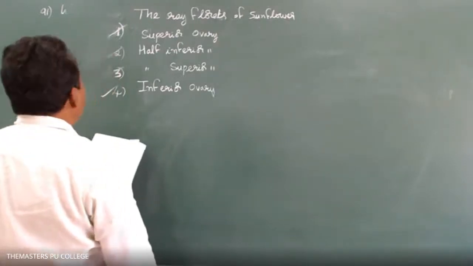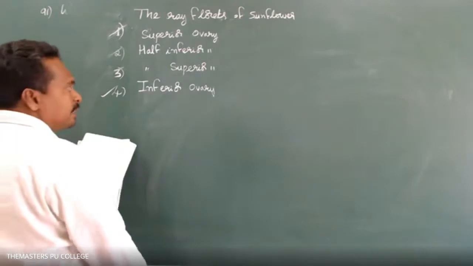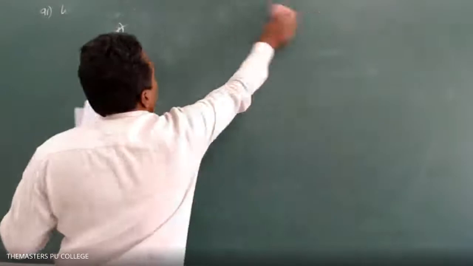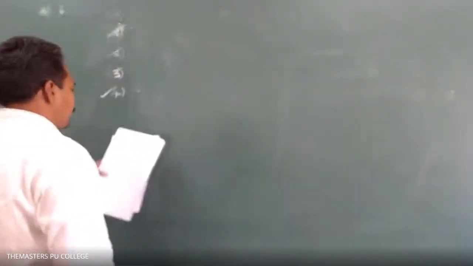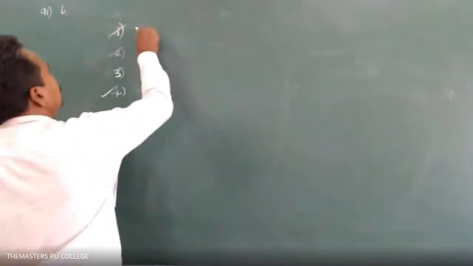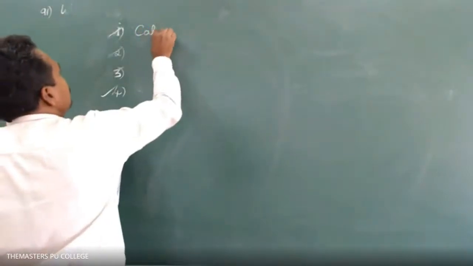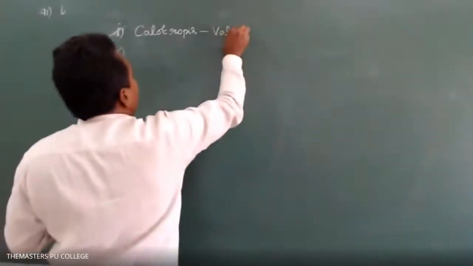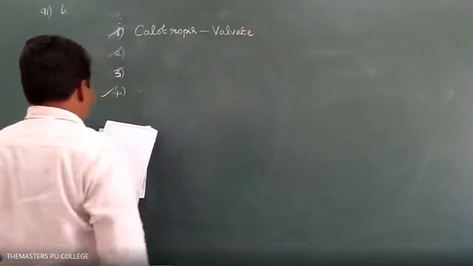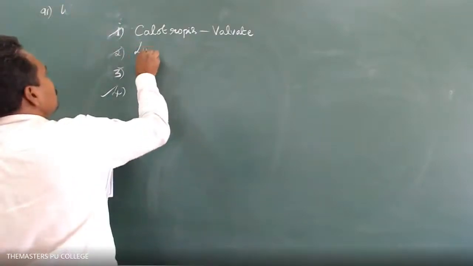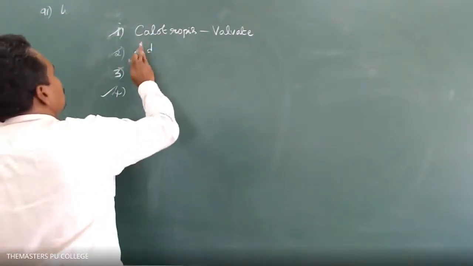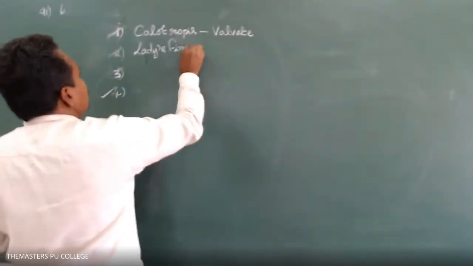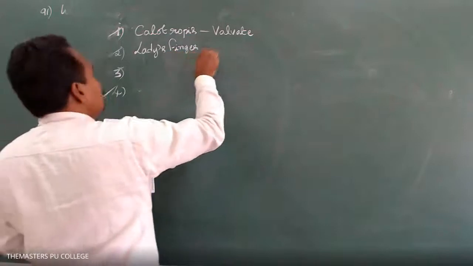Next question, question number 100. Mark the incorrect match. Option 1 is Calotropis, valvate. Option 2 is lady's finger, twisted.